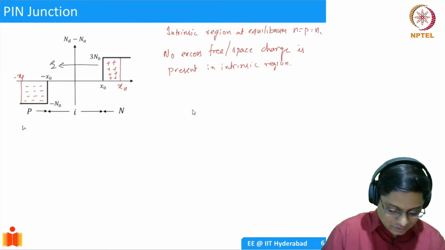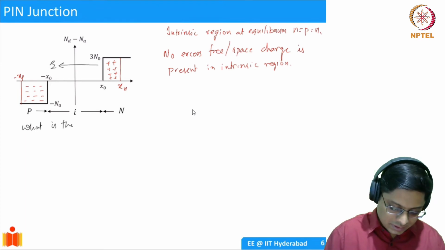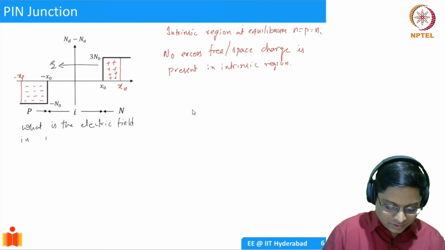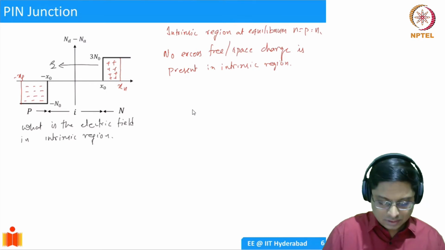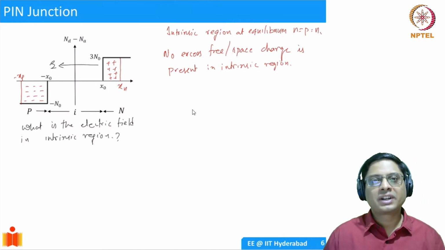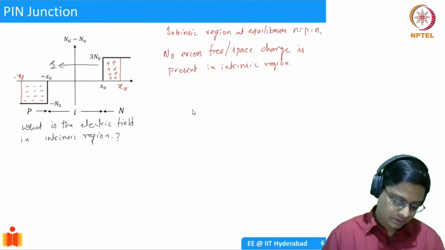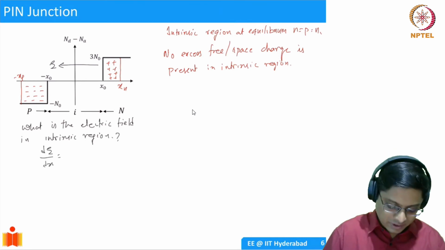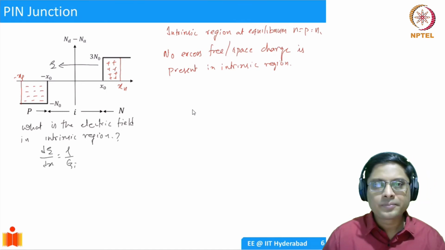Think about it. What is the electric field in the intrinsic region? The governing equation for electric field is always Gauss law, dE by dx equal to rho by epsilon silicon.